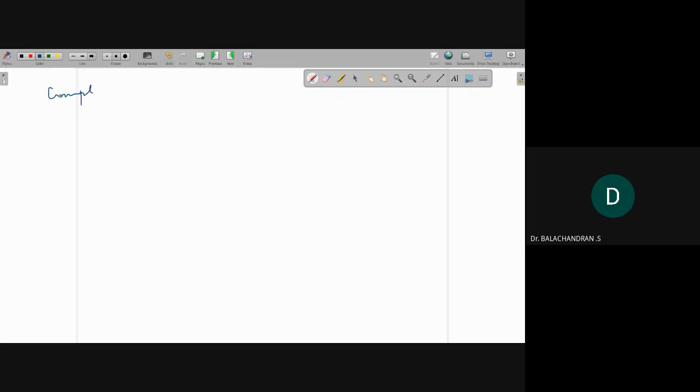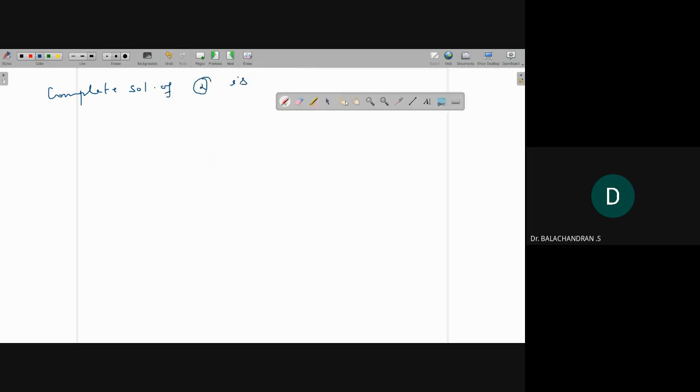Complete solution of equation 2 is, what will we get?